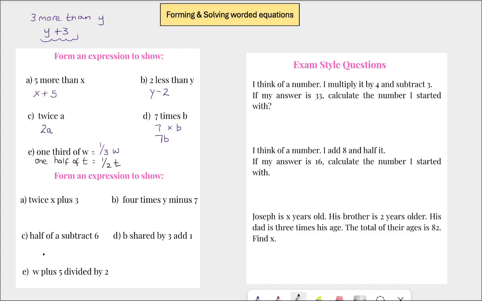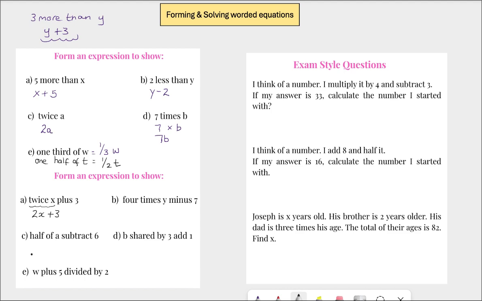So here we go with a little bit harder, a little bit more to think about. Twice x plus 3. Well, there's 2 bits of information there. That's twice x. Now we know what twice a is. It's 2a. So twice x is 2x, plus 3. Come on, we know that.